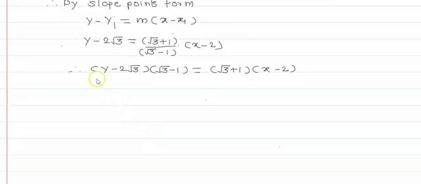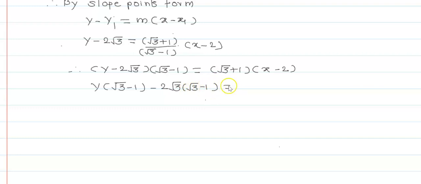Now the multiplication: y into root 3 minus 1 minus 2 root 3 in bracket root 3 minus 1.